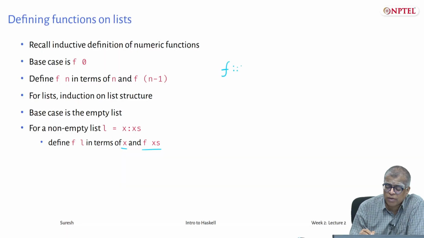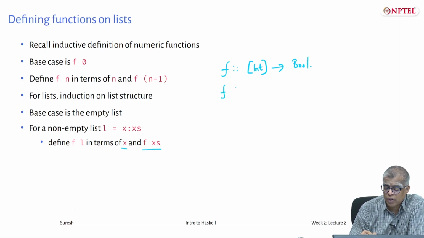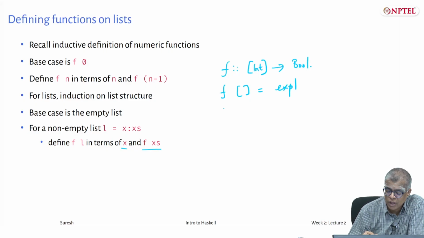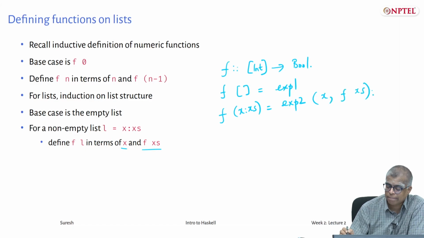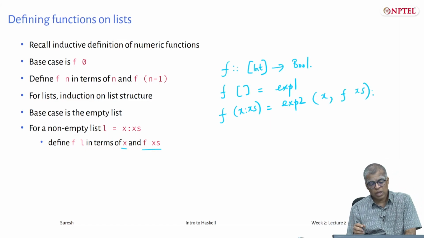Let's say f is a function on list int arrow bool, and f of empty list will be some expression. f of x colon xs will be some expression 2 that involves both x and f applied on xs. So this is the basic pattern of recursive definitions on lists.